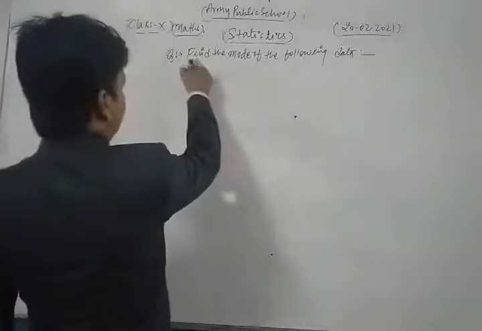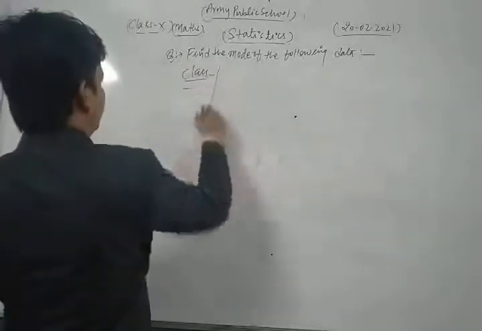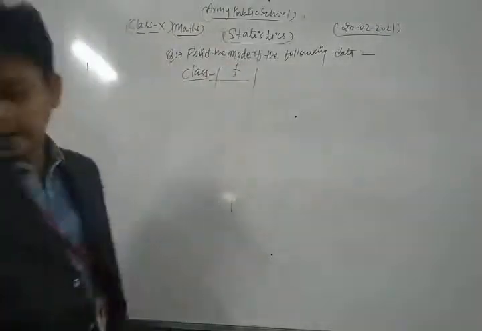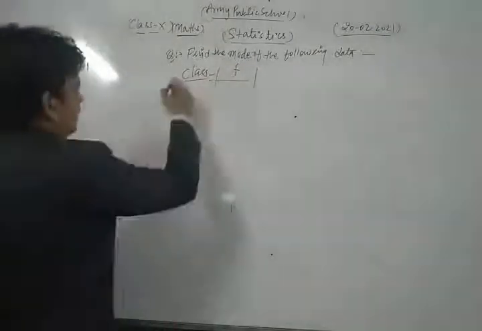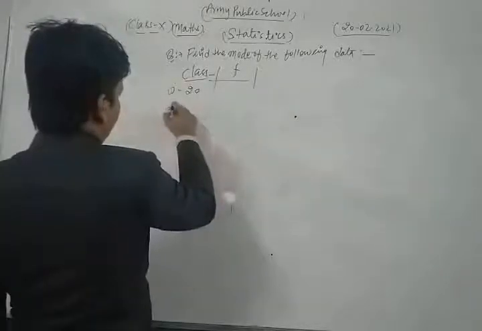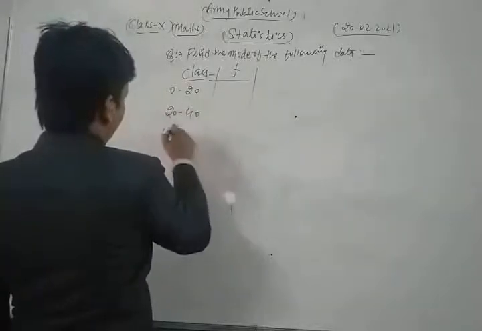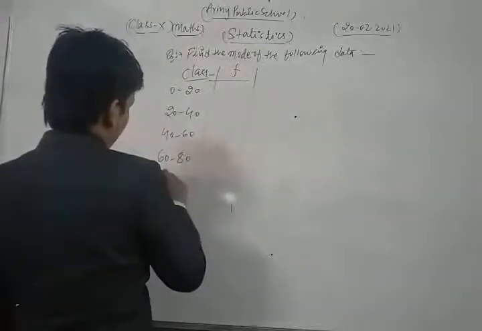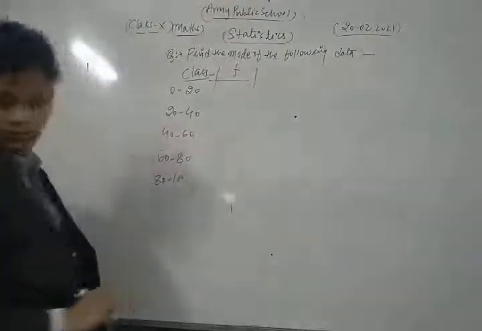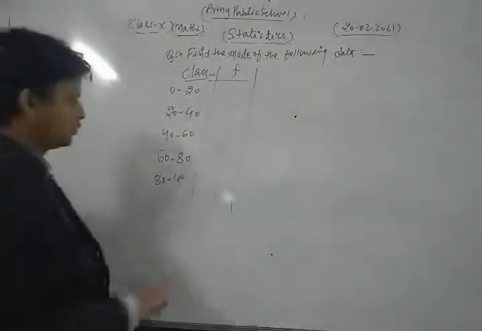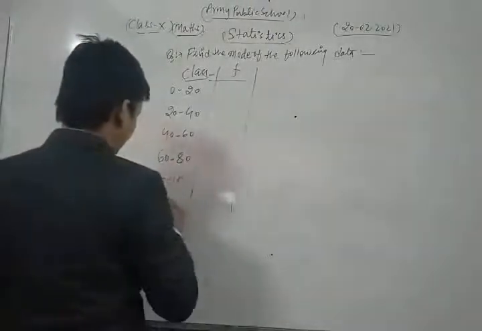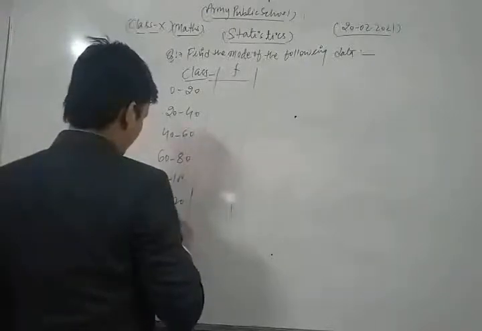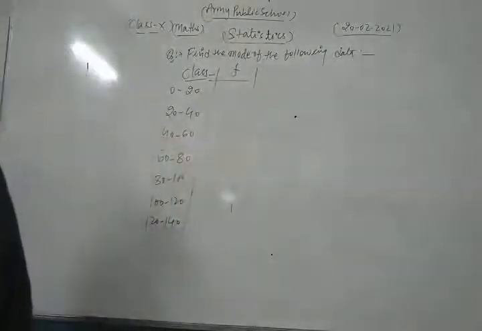First of all we write the class intervals, then we write their respective frequencies. The classes are 0 to 20, 20 to 40, 40 to 60, 60 to 80, 80 to 100, 100 to 120, 120 to 140.